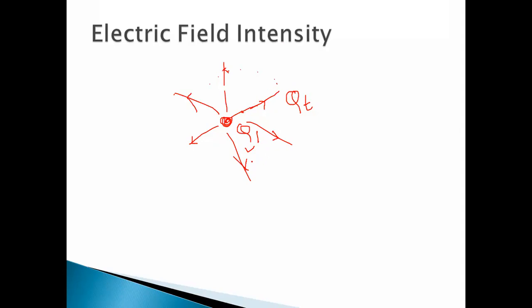Now this force depends on the charges, means whether it is a positive charge or a negative charge. Suppose here we are considering the charge is positive, and therefore the field direction is outward. Again, I'm considering that this Qt, that is the test charge, is also positive.